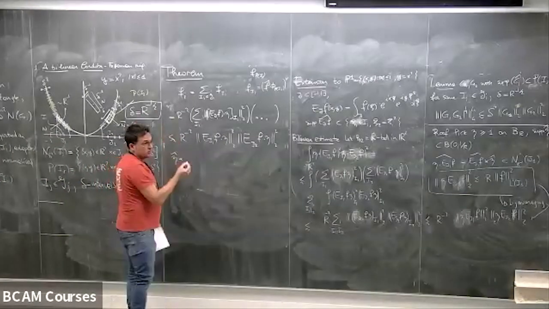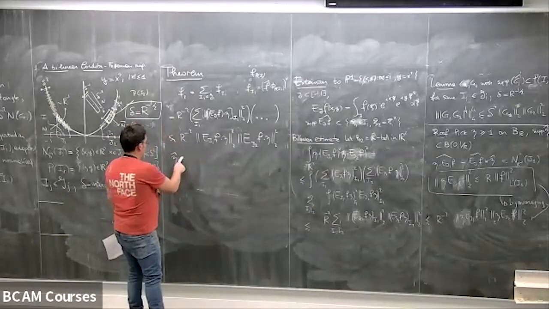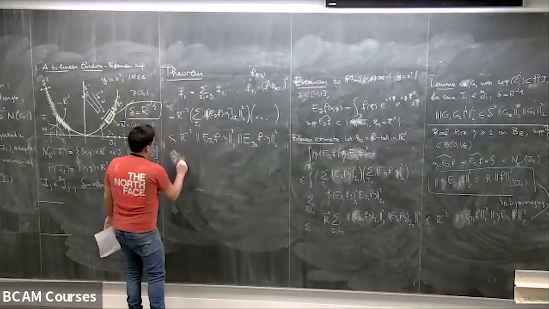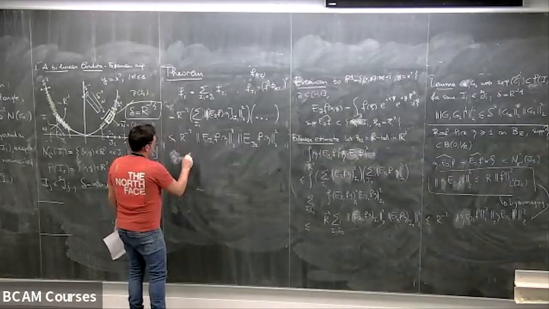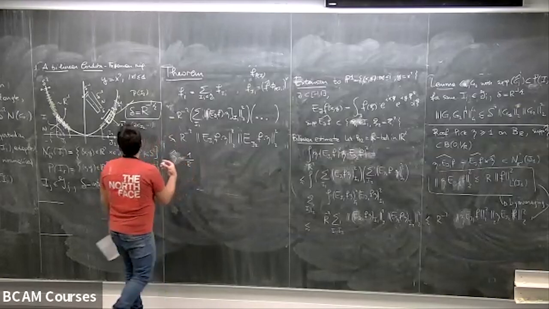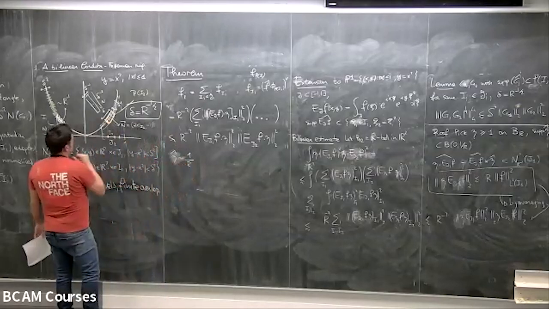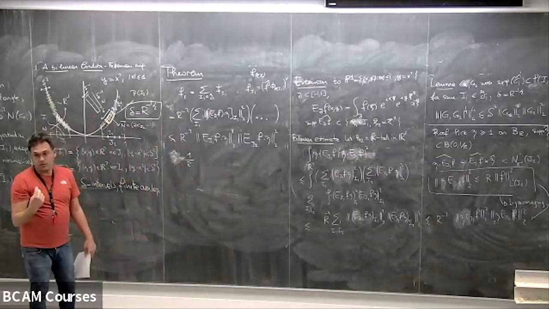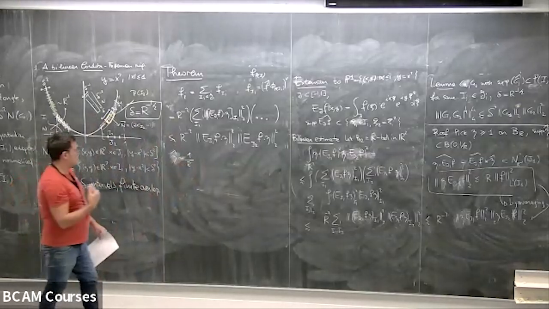How do you get R out of this? Well, what is eta hat? Eta hat is essentially 1 over R, it's L1 normalized, and this interval is R long.